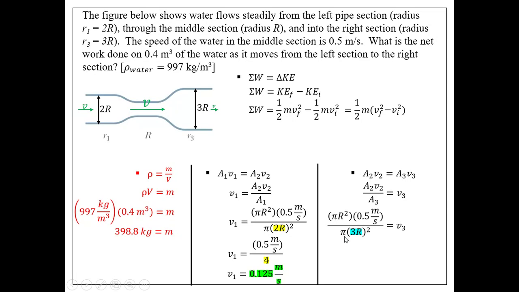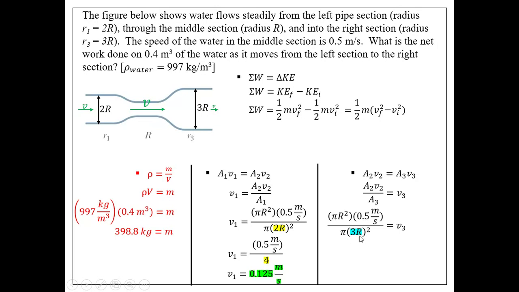Now, on the bottom, once again, you've got to be careful. A3 is pi R squared generically. But what is the radius at the right segment? The radius is given as 3 capital R. So I'm going to plug in 3 capital R in parentheses, and that's going to get squared because the function generically is pi R squared.